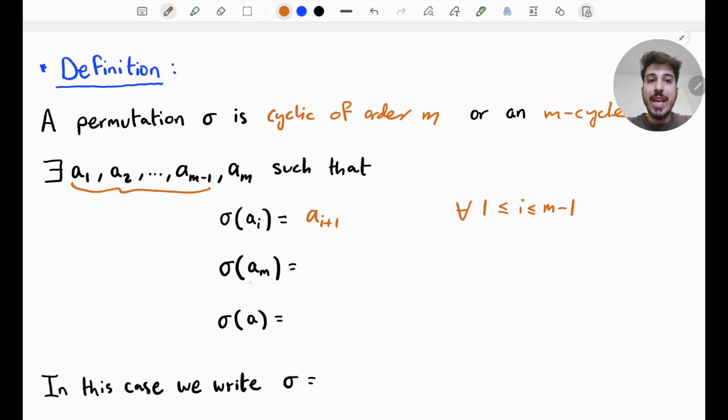And sigma sends am, the last element on the list, to a1, the first element in the list.